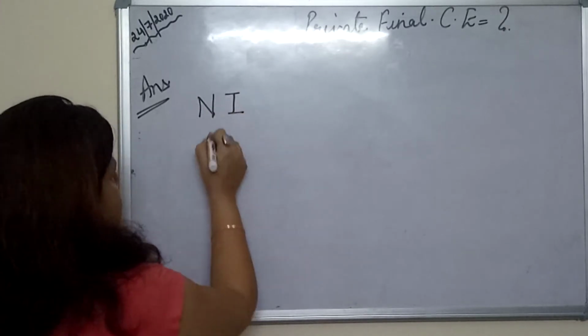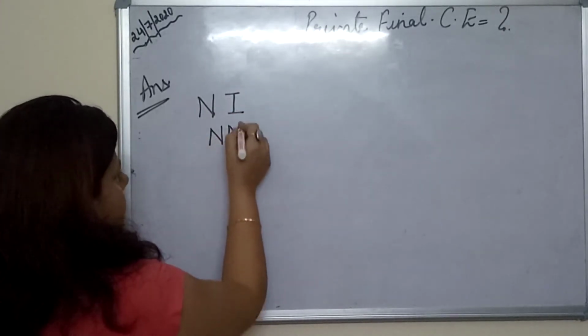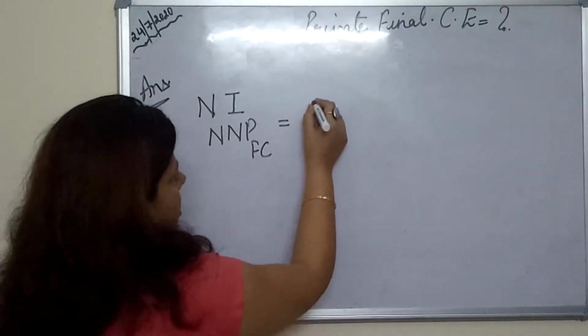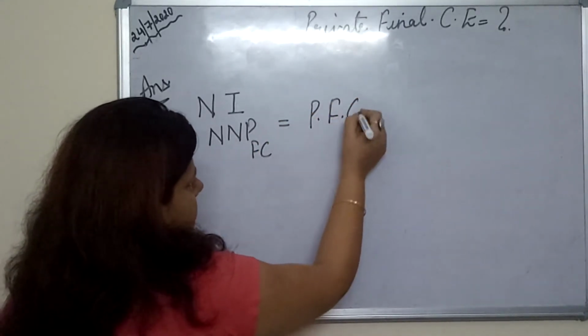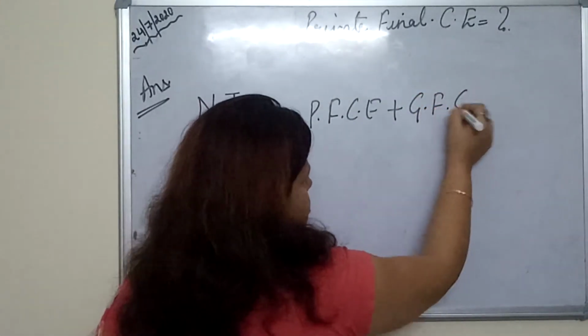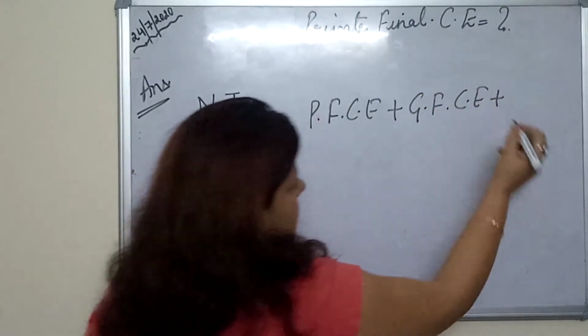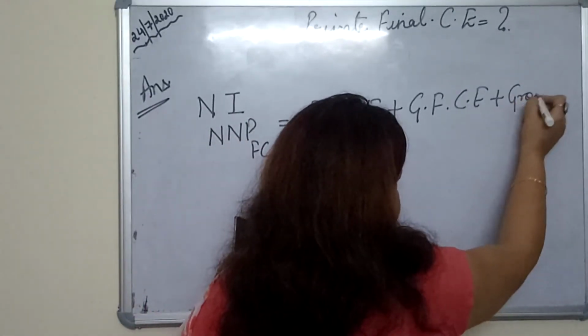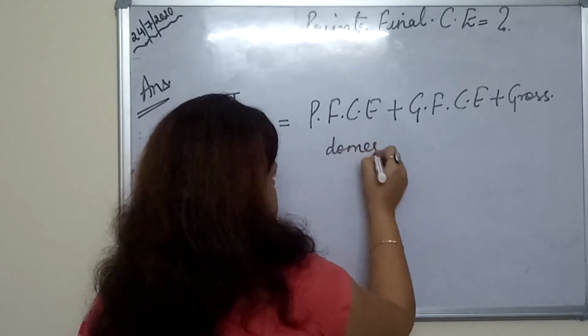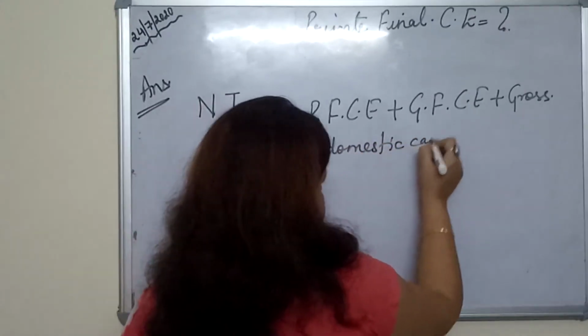Now, here what is national income? That is NNP. When we calculate it by expenditure method, the formula was private final consumption expenditure plus government final consumption expenditure plus gross domestic capital formation.